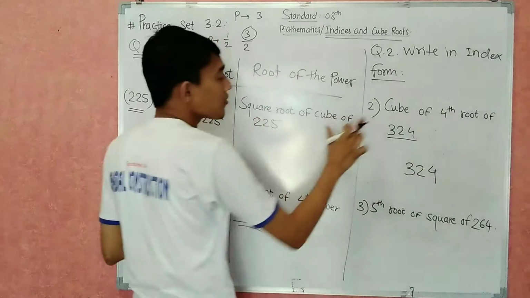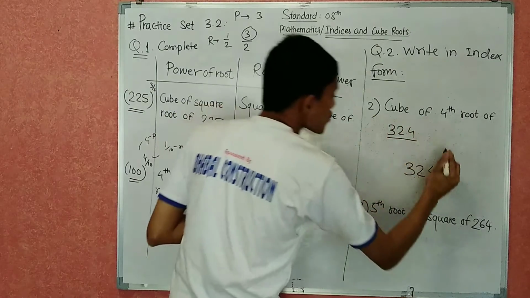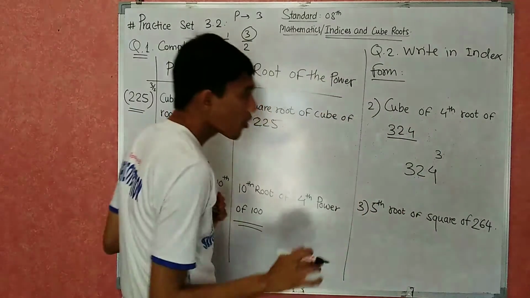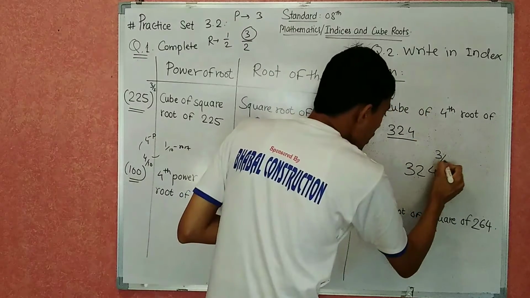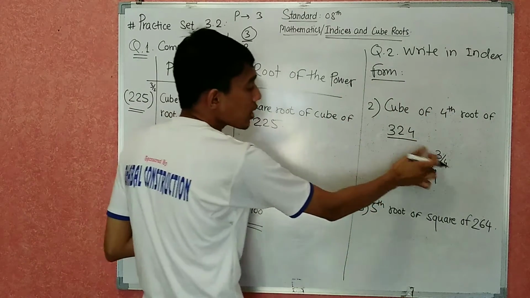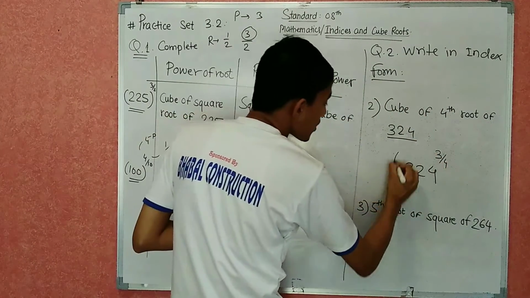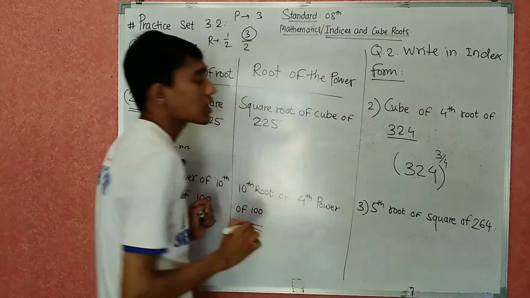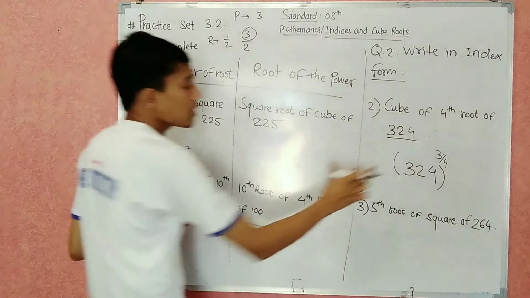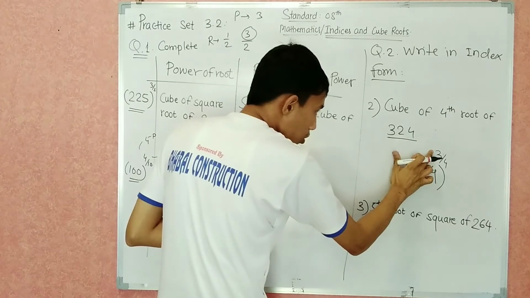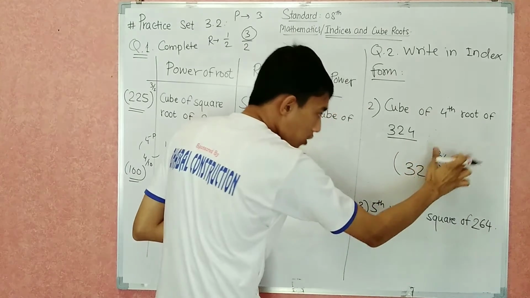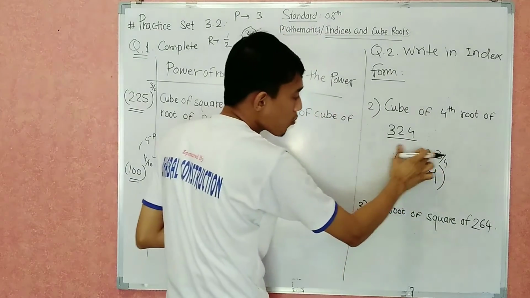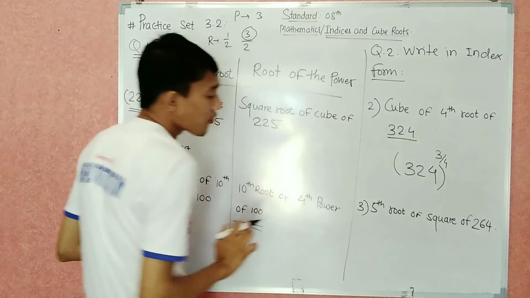Then it is given cube of fourth root. So 1 upon 4, so it is 3 upon 4. So the number is 324 raised to 3 by 4.